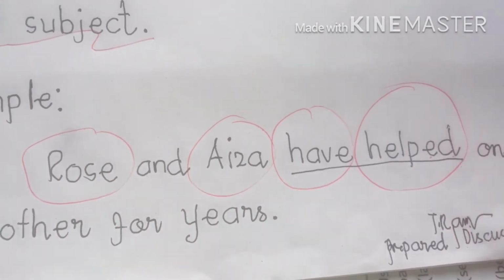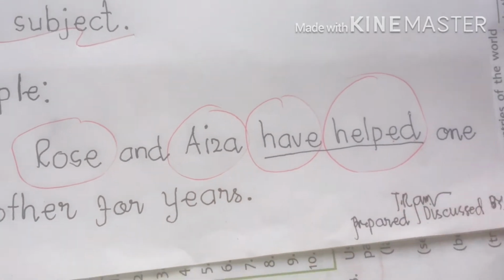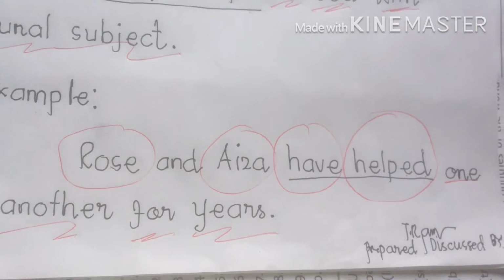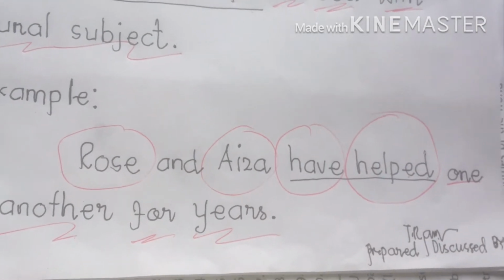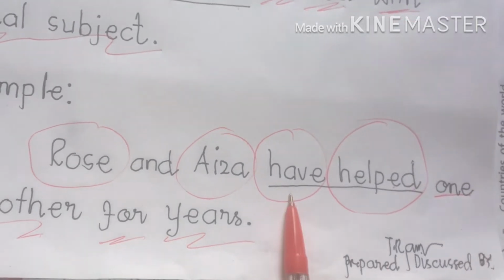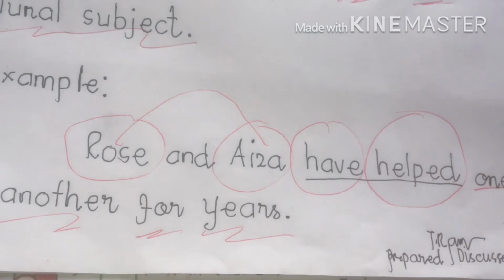That means to say our action is already done. Rose and Isa have helped one another for years. They're helping one another for years. Remember, my dear students, that's why we use have, because our subject, Rose and Isa, is plural.